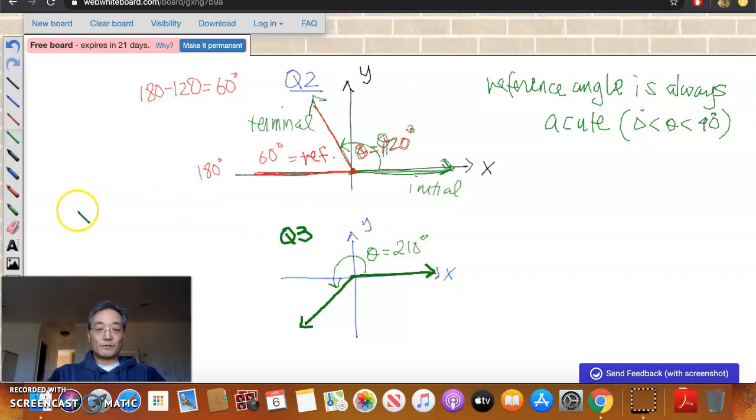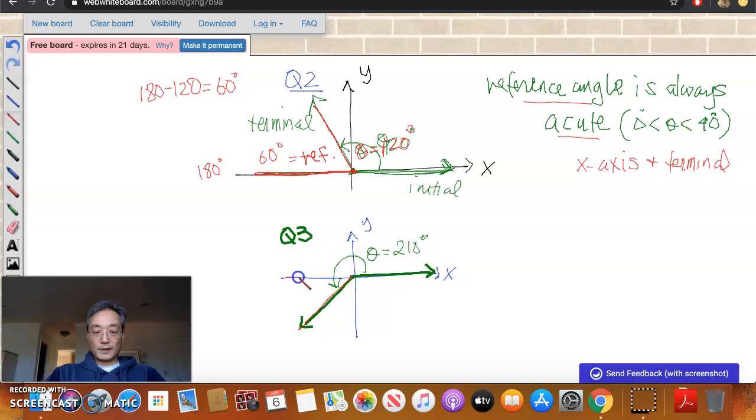Question, then what's the reference angle? Where is the reference angle? Again, by definition, a reference angle is an acute angle. It's between 0 and 90, and it's formed by the x-axis and the terminal side. So here is our terminal side.